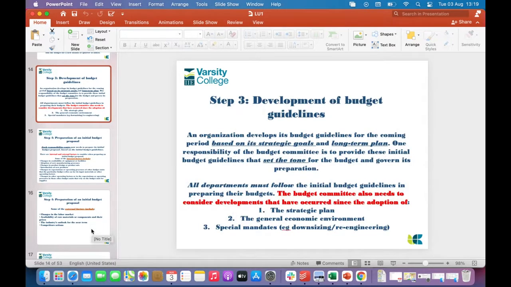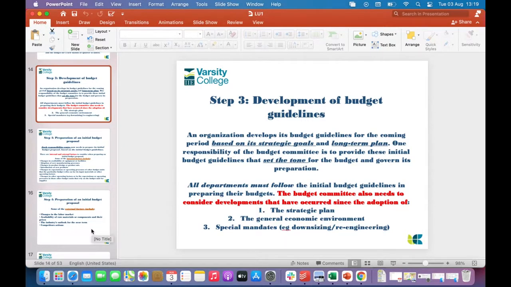All right, then development of budget guidelines. So this is what I was talking about earlier, where the committee also needs to consider developments that have occurred since the adoption. This is if you're operating under a continuous budget, which most businesses should be or are.